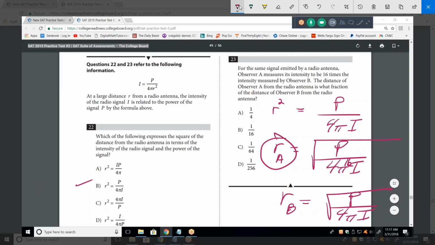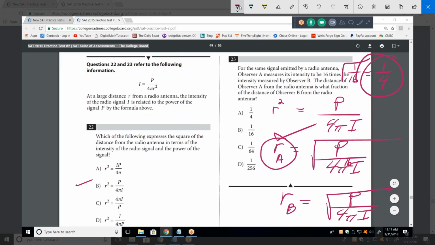And what you're really doing is the P, the 4 pi, and the I aren't changing. The only thing that's changing is the distance, which is the square root of 1/16. Well, that is 1/4.